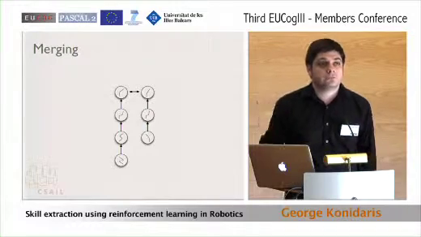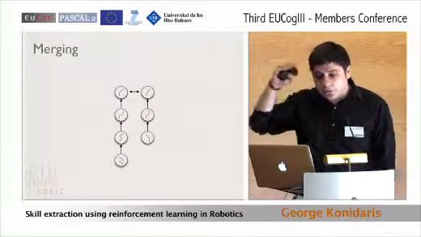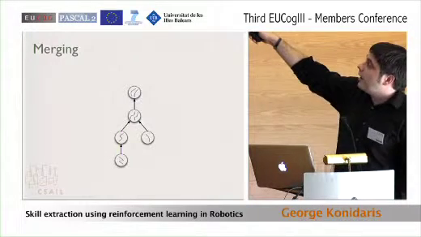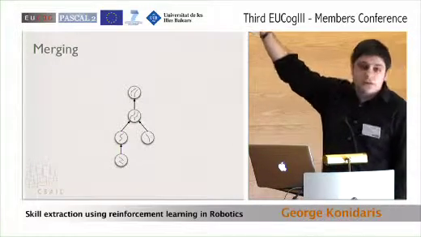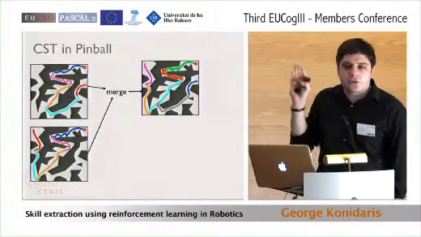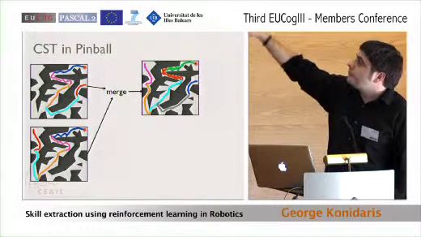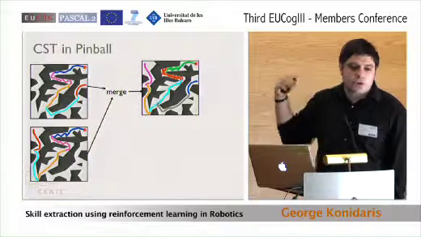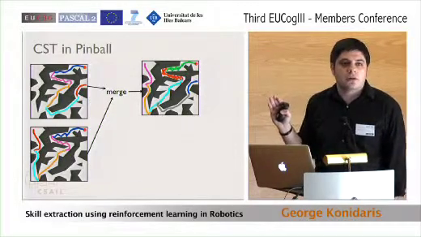So if we apply this to pinball, these are my demonstrated trajectories for pinball. What you see is that it cuts it up into skills. There are no abstractions here. This is just cutting it up where the value function becomes too complicated. It cuts it up into skills on the top and on the bottom that represent natural boundaries in where the trajectory occurs.